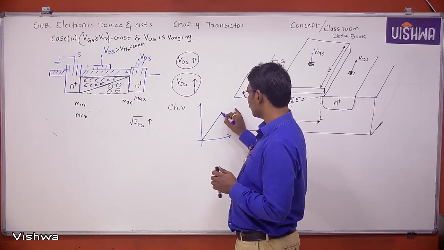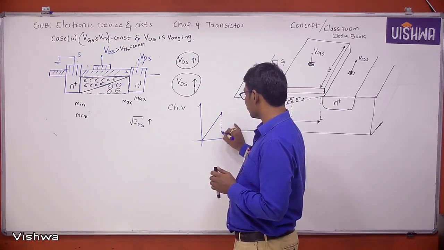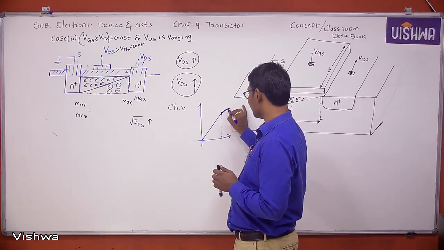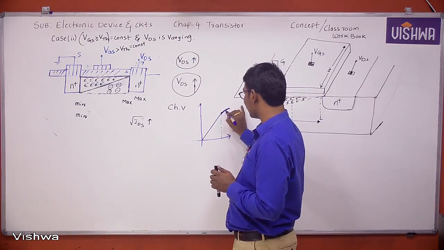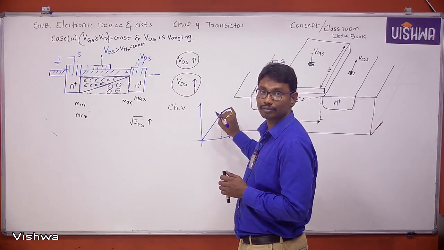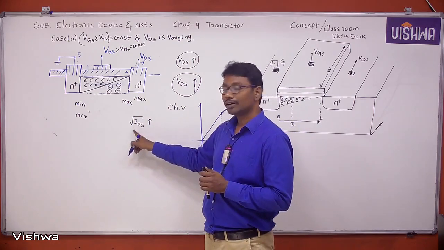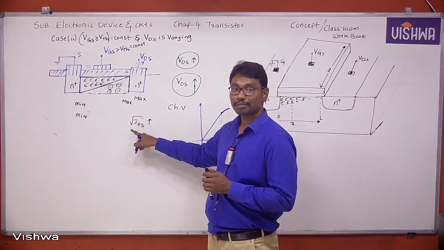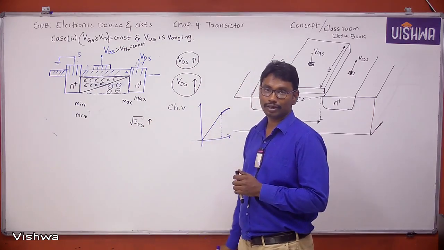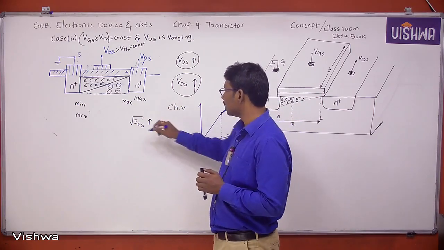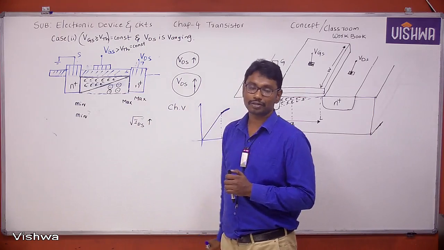After some voltage, the growth rate starts decreasing. The rate decreases, but the current still increases, so it increases sublinearly. Why is the rate decreasing here? Because of the increasing channel resistance.